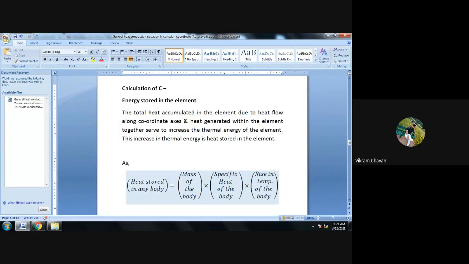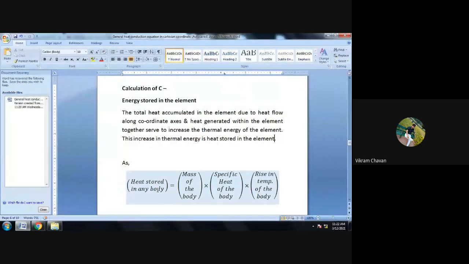That is nothing but m c_p delta T. You know this formula: m c_p delta T. Heat stored in any body is equal to the mass of the body multiplied by specific heat of the body multiplied by rise in temperature of the body.